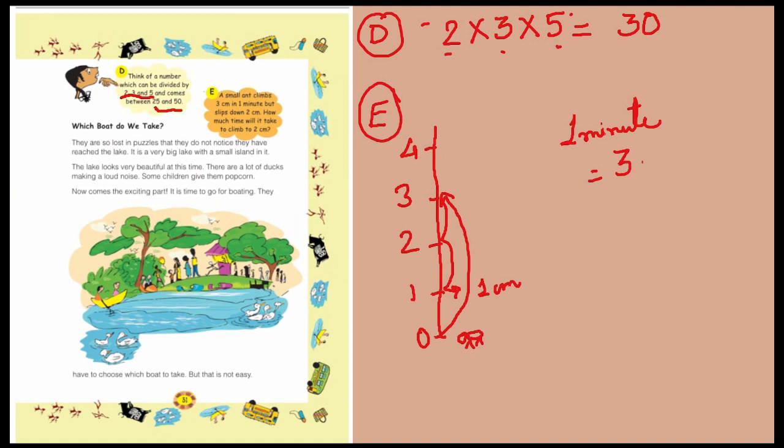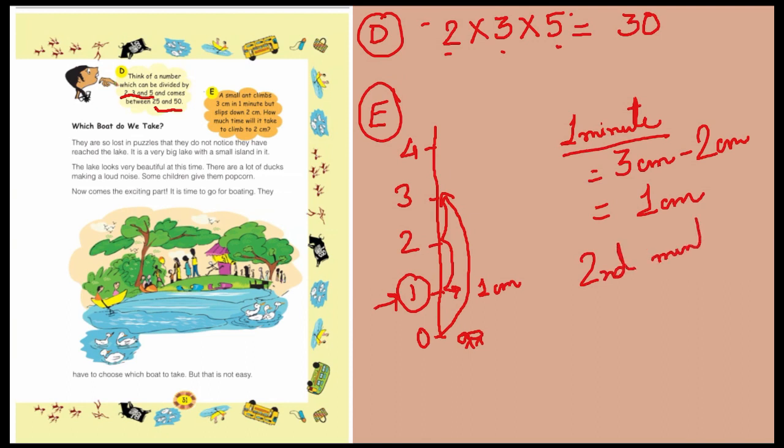Right? So 3 centimeter minus 2 centimeter in the first minute is 1 centimeter. Now in the first minute, the ant is here. Now in the second minute, from here it again climbs how many centimeters? 3 centimeters.